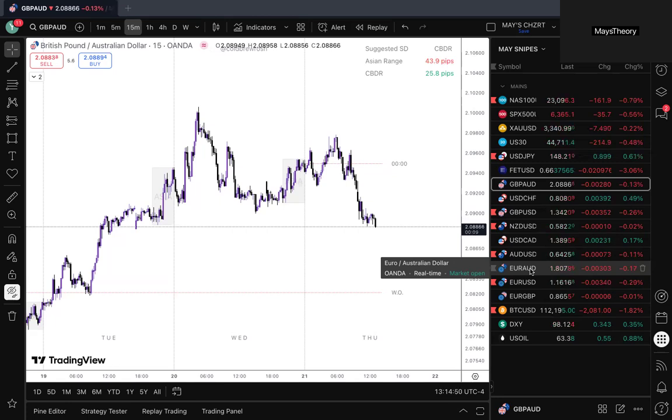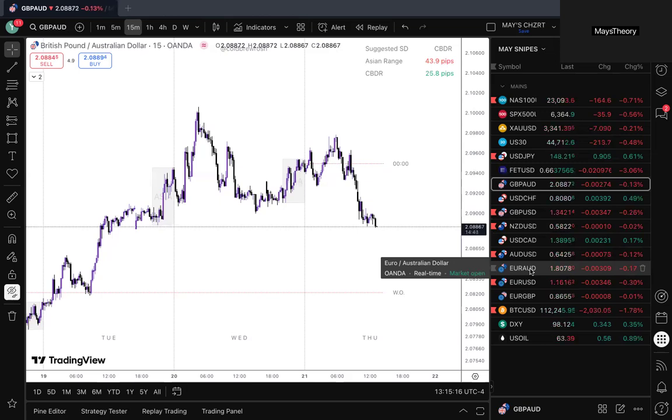The crosses are these same assets, but without the dollar in it. So they are called the minor assets also, pairs crossed without the dollar in it. So we have pairs like GBP AUD, Euro AUD, Euro JPY, GBP JPY, and so on and so forth, like that, right?